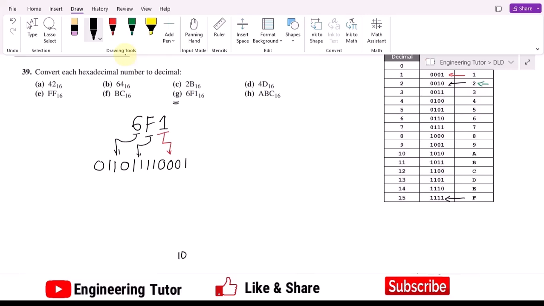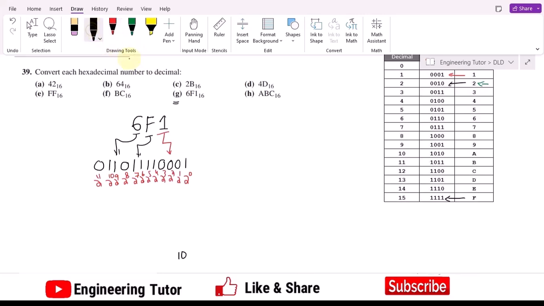Now as we have found them out, what is the next step? We have to find the decimal equivalent of this binary number. So this would be the positions 0 1 2 3 4 5 6 7 8 9 10 11.